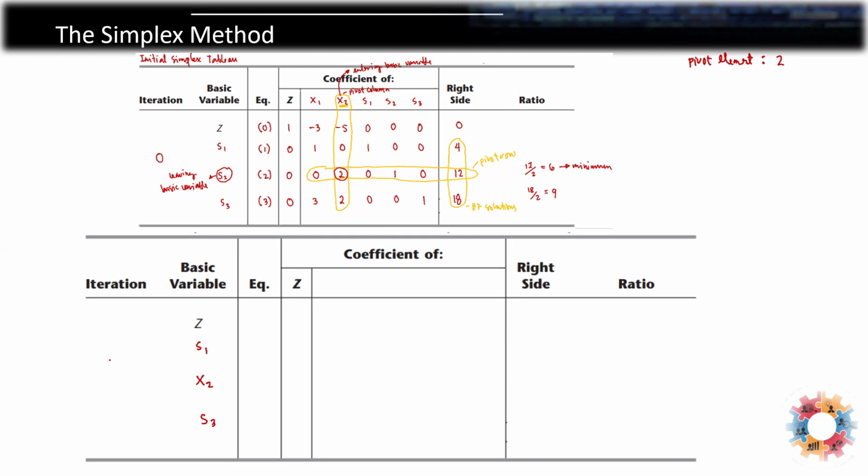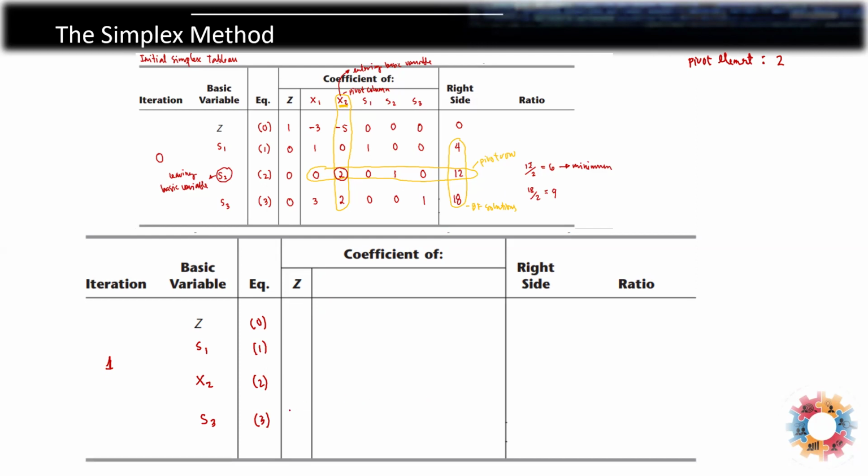And this is iteration number 1, and then our label for the equation, we have 0, 1, 2, and 3. And then the coefficients, we don't enter the coefficients yet. What we will do is first to determine the new pivot row.